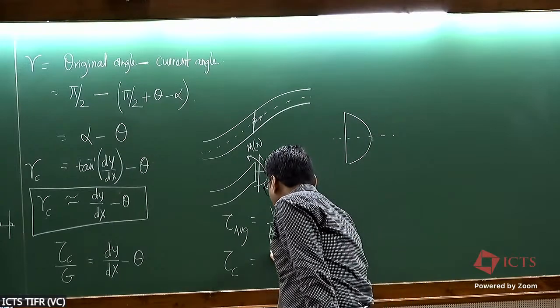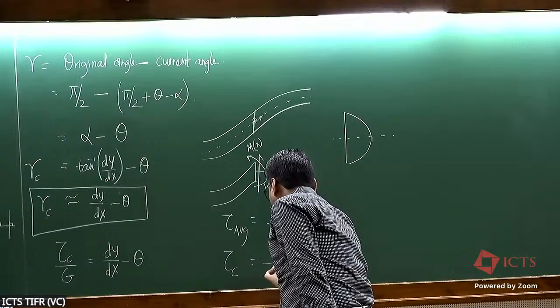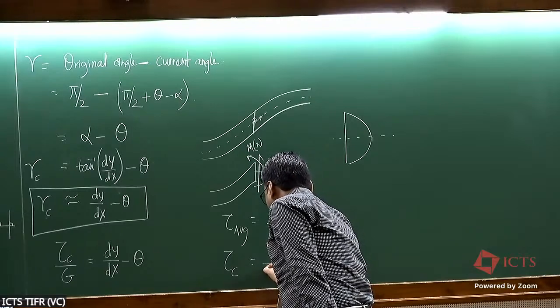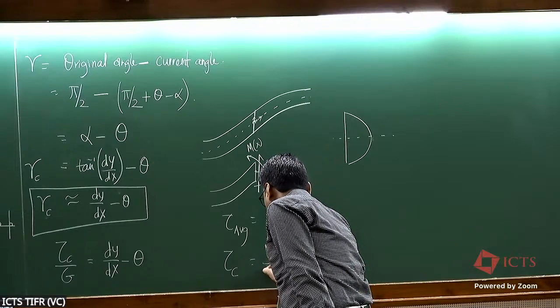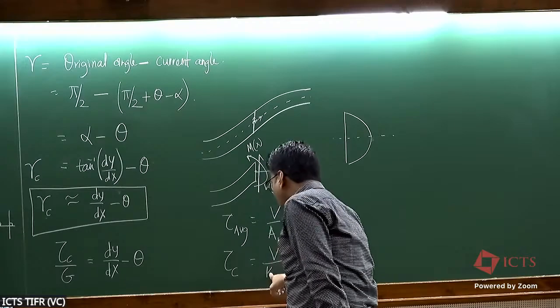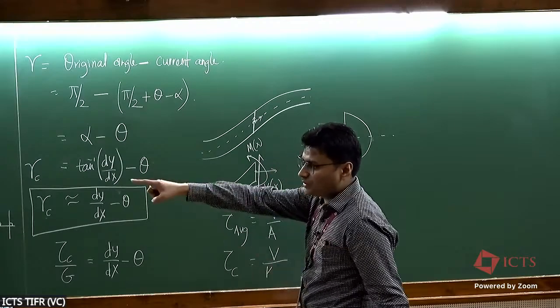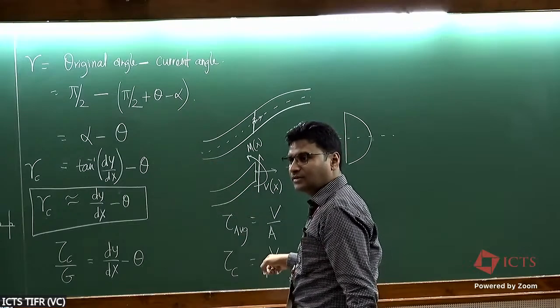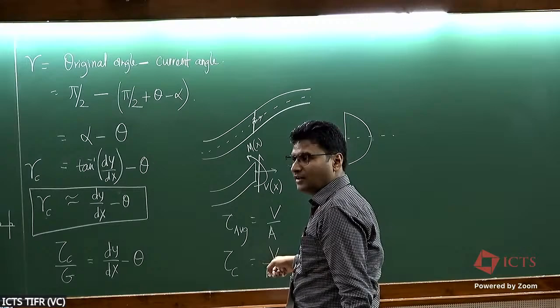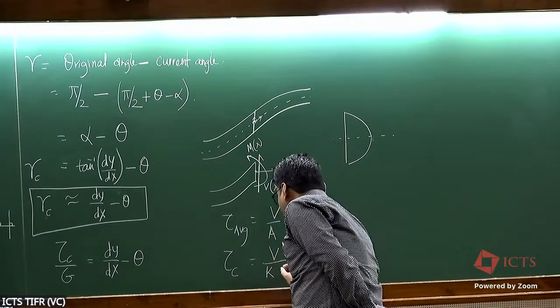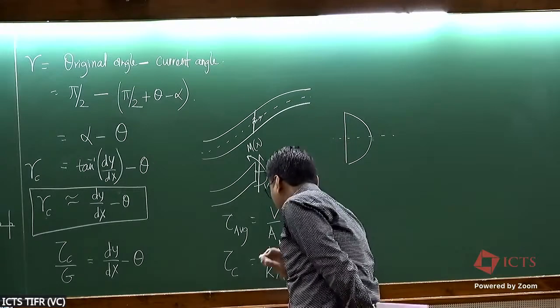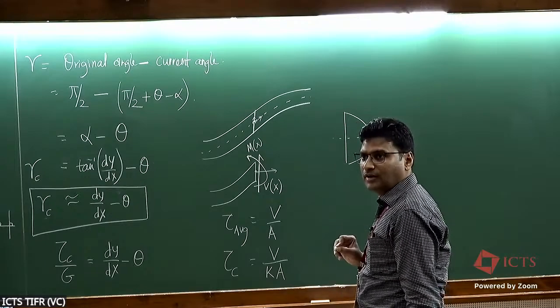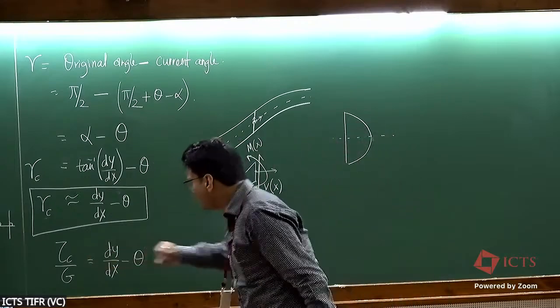Okay, so this is going to be V by some correction factor, let's say K, but do not confuse this K with the curvature over there. That curvature is Greek. This is straight K. K times A. That's your tau C, which you can now plug in here.